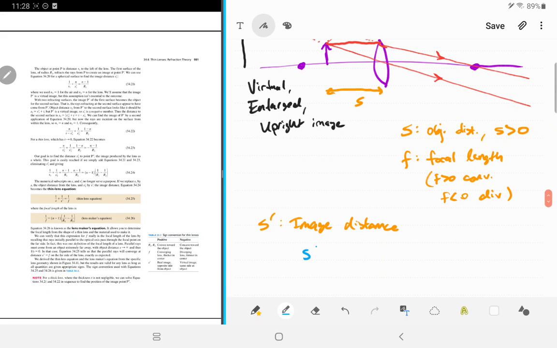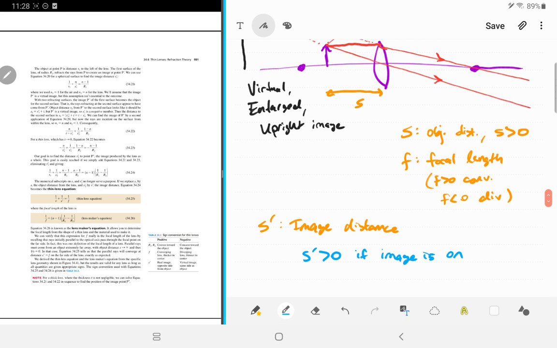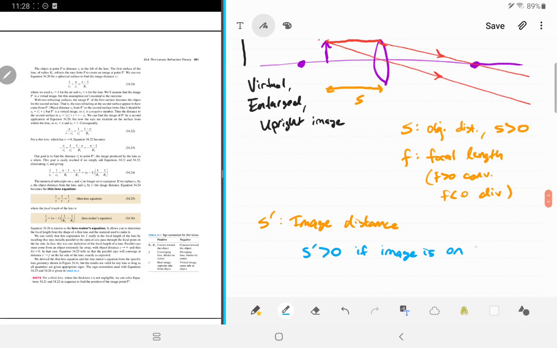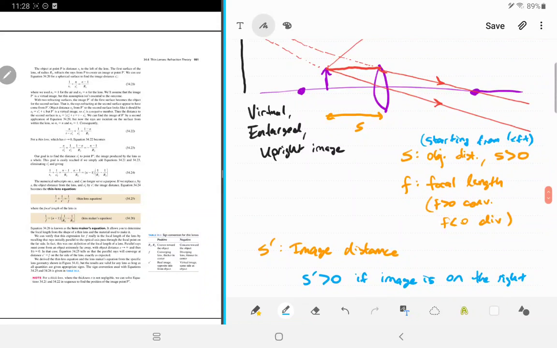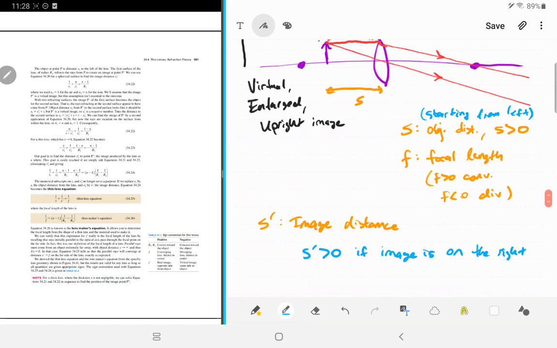So s prime is positive if the image is on the positive side, on the right-hand side. I'm assuming here that s is starting from the left always. In all of these pictures, notice how I'm always starting with the object arrow on the left-hand side, so we're defining that to be the object side.